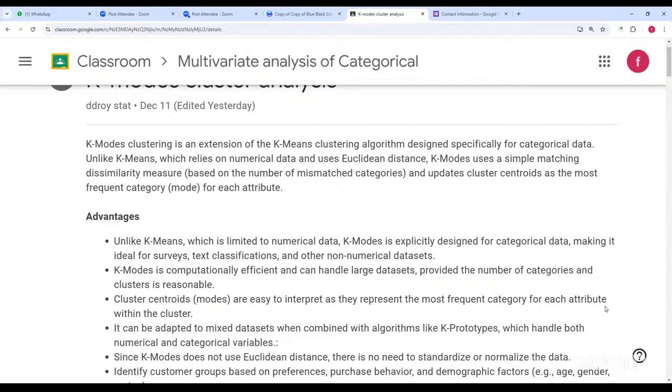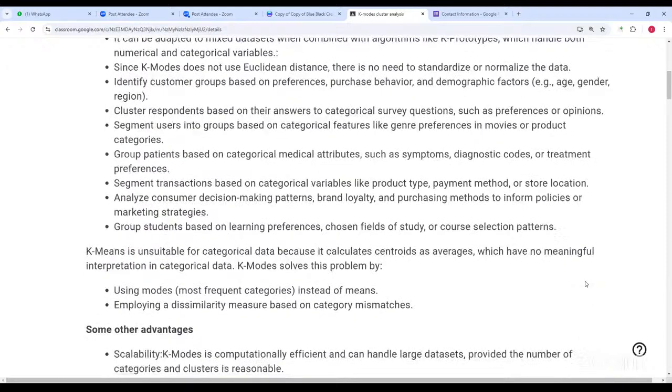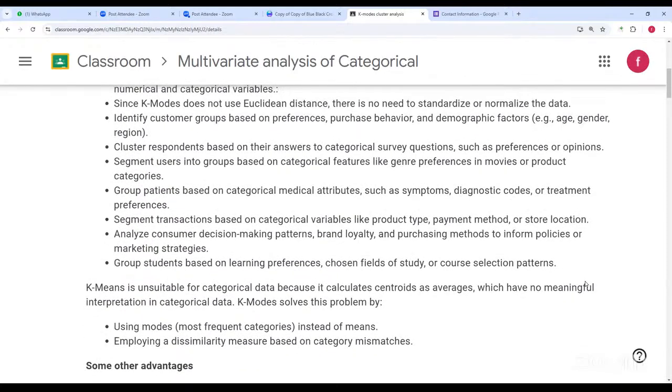Cluster centroids, modes, are easy to interpret as they represent the most frequent category for each attribute within the cluster. It can be adapted to mixed datasets when combined with algorithms like K-prototypes, which handle both numerical and categorical variables. Since K-modes doesn't use Euclidean distance, there is no need to standardize or normalize the data.